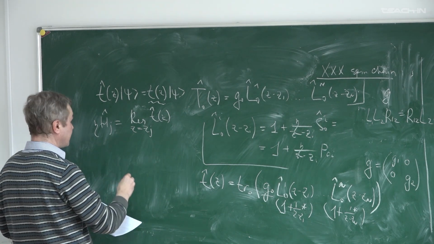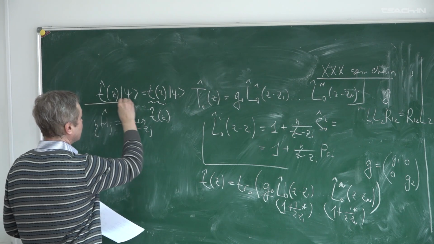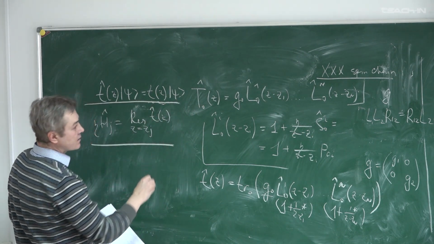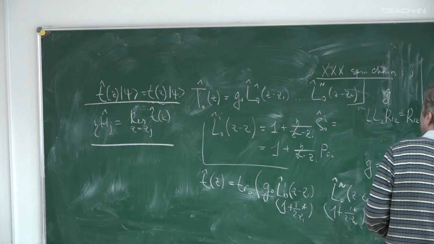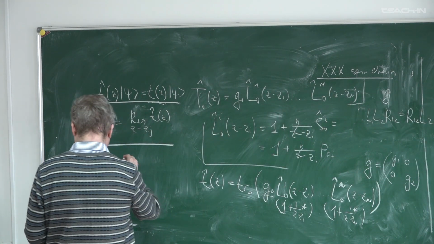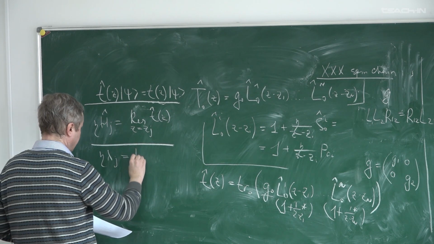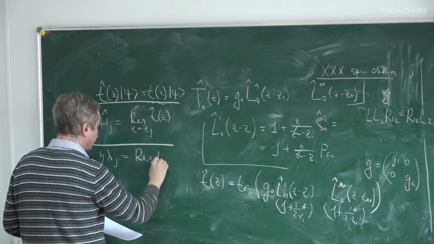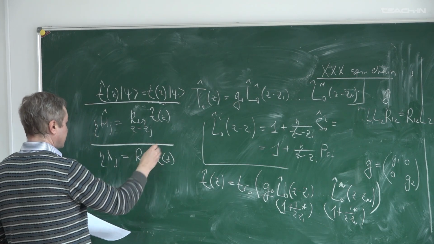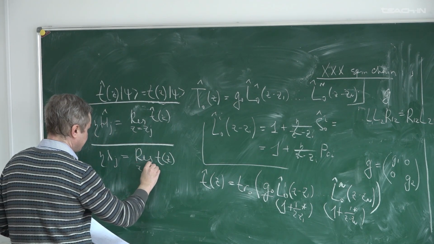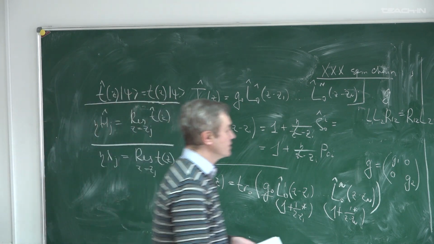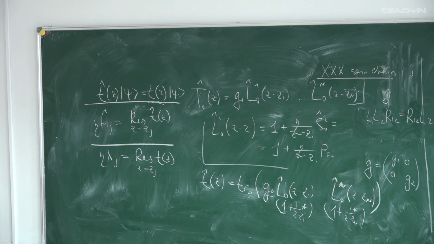And the corresponding eigenvalues, which we are looking for, these lambdas, can be written in a similar way. These are just residues of t of z without hat. So this is our task. And let us then begin first with the computation of these quantum Hamiltonians.